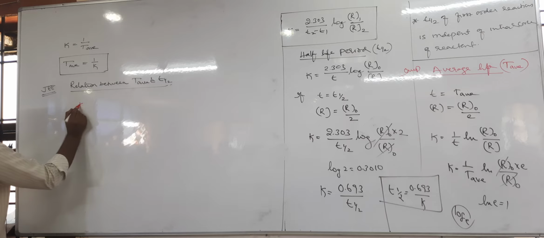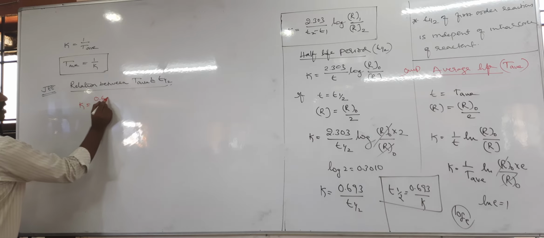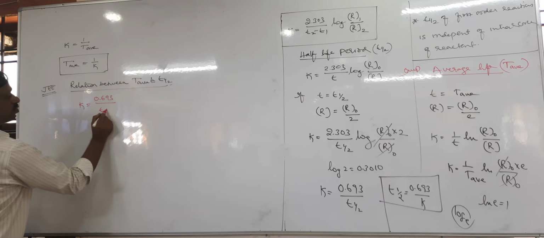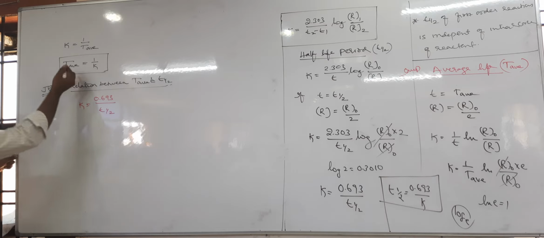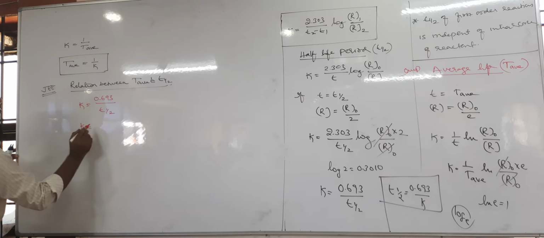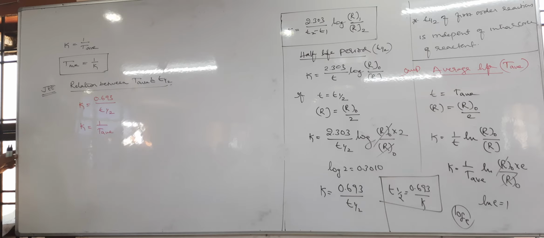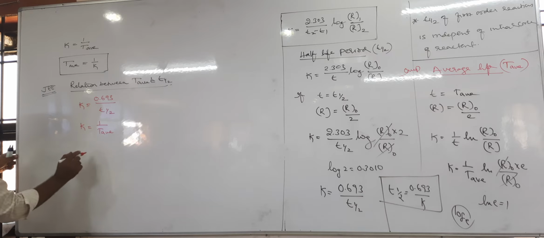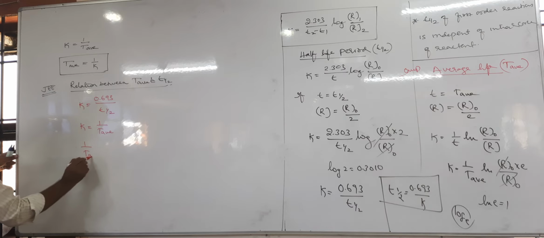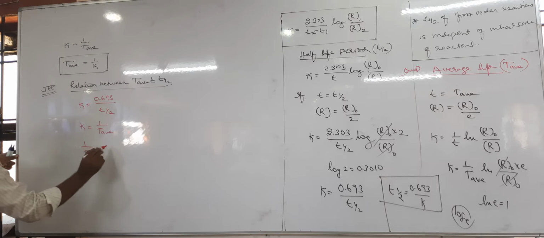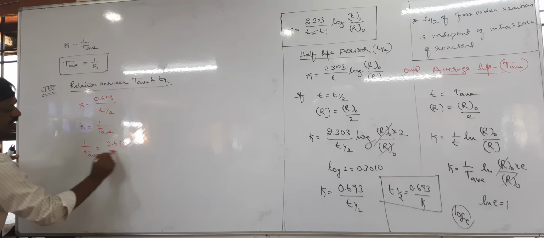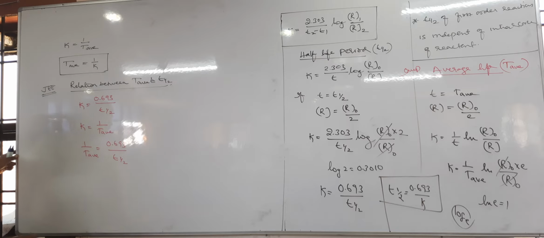You tell me first. K equals 0.693 by T half, yes or no? But here K equals 1 by T average. Then in place of K, can you write 1 by T average? So 1 by T average equals 0.693 by T half. Yes or no?